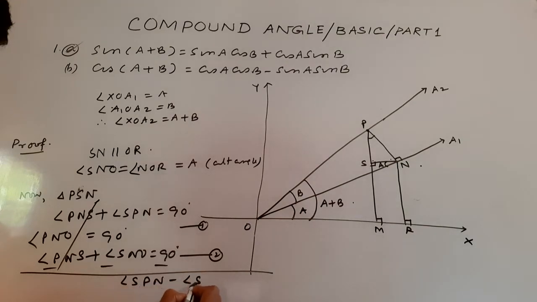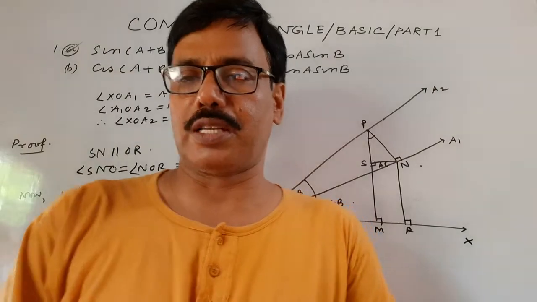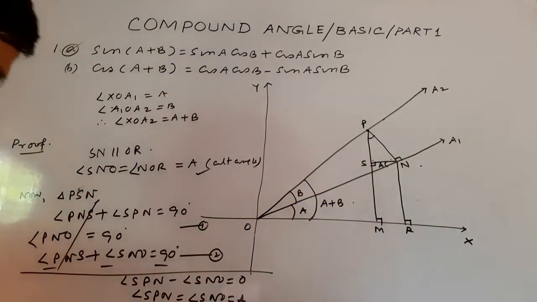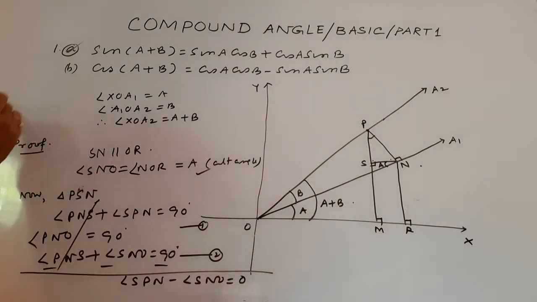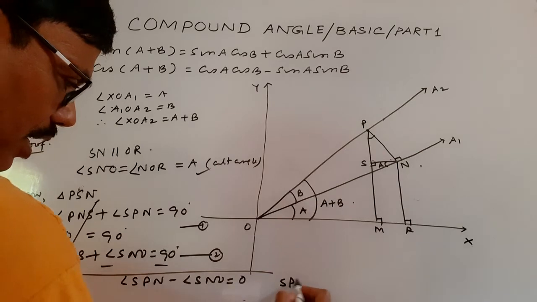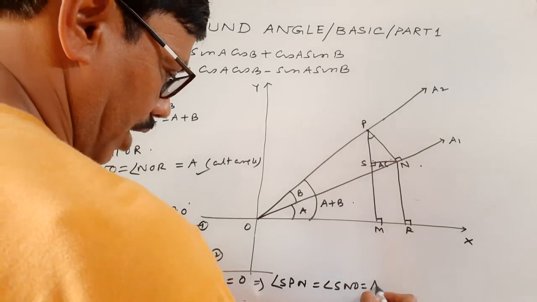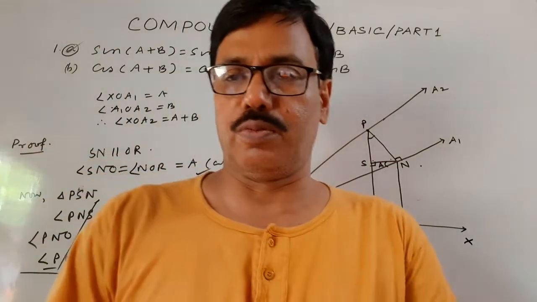SPN minus SNO equals 0. So this implies SPN equals SNO, and SNO we have already proved is A. This is the first part of the proof.